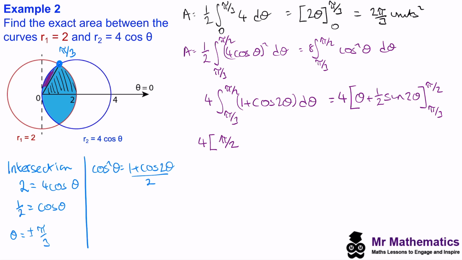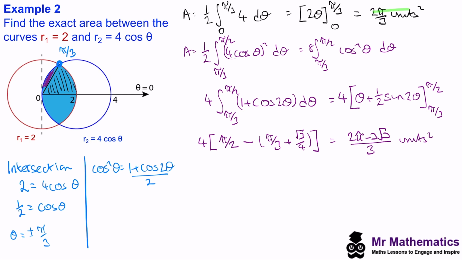So this becomes just pi over 2, minus, when we substitute in pi over 3, we get pi over 3 plus 1/2 times the sine of 2 pi over 3, which is root 3 over 4. Then we'll close that bracket. We can simplify all of this, and we get 2 pi minus 3 root 3 over 3. And this is in units squared.